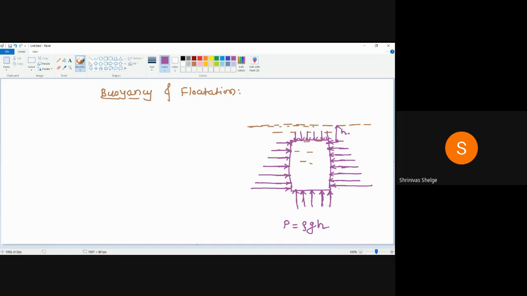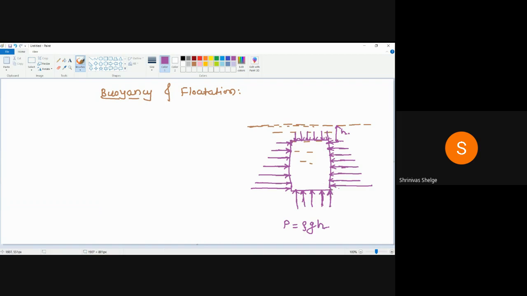So why is it so? Why are the pressure forces acting on the bottom surface greater than those on the top surface? Height increases, h. Due to h, correct? Here h is more.